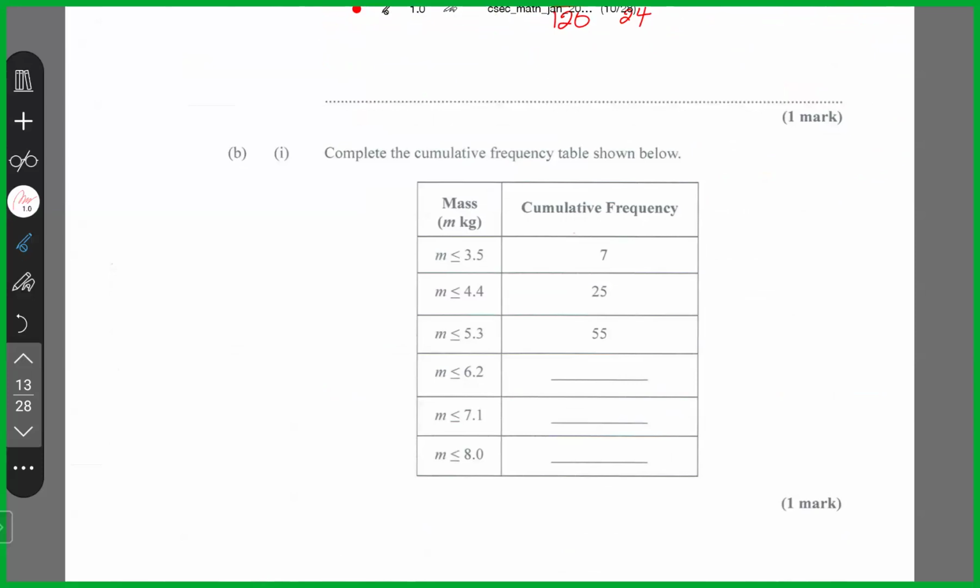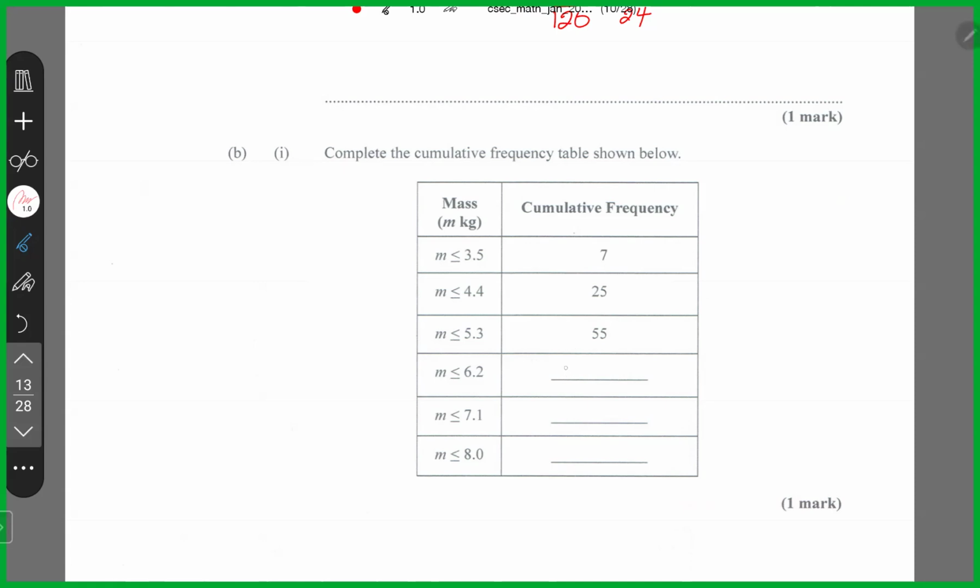All right, so next, we need to complete the cumulative frequency. Cumulative frequency means that you are adding the frequency as you go down. So let's see what the frequency is when the upper class boundary is 6.2.